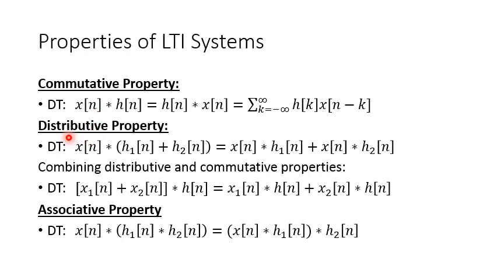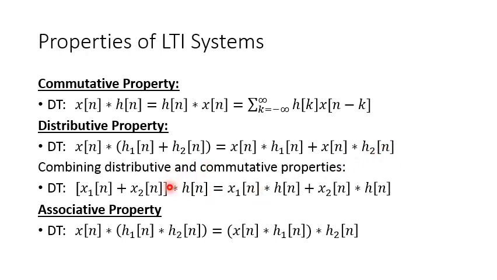The other one is the distributive property. So x of n convolved with h1 of n plus h2 of n equals x of n convolved with h1 of n plus x of n convolved with h2 of n.